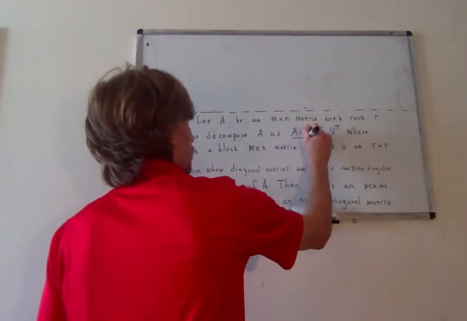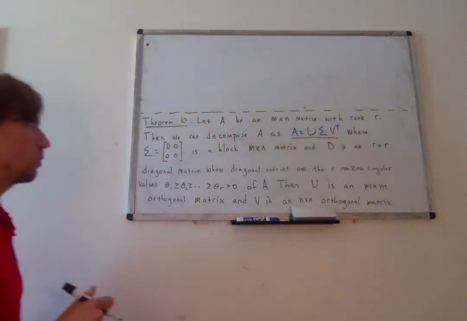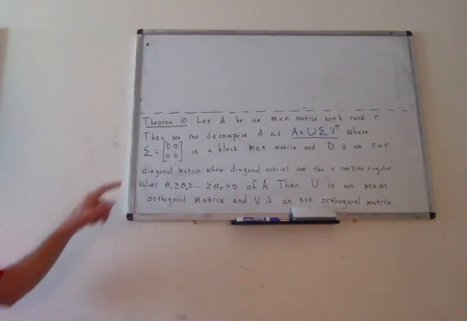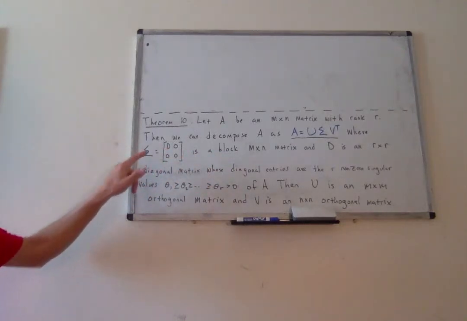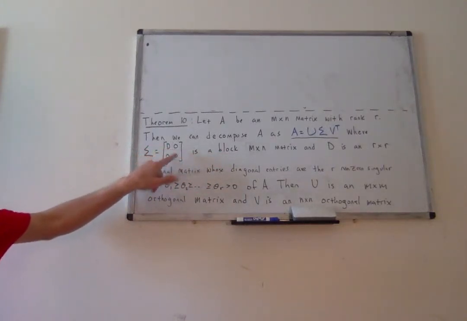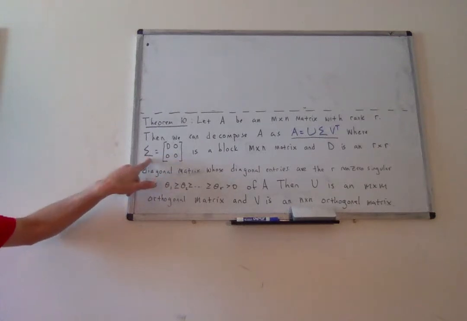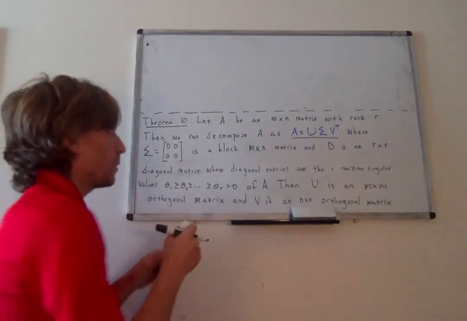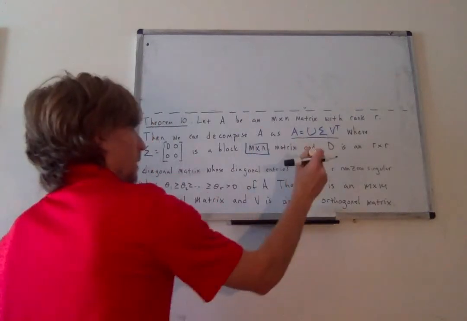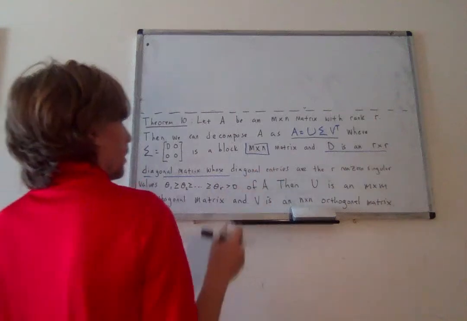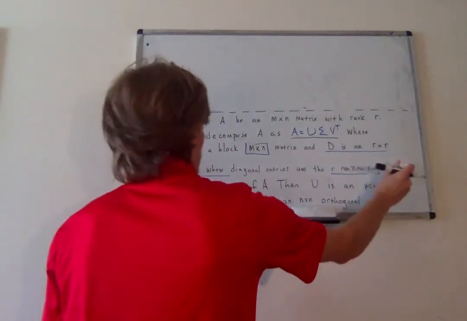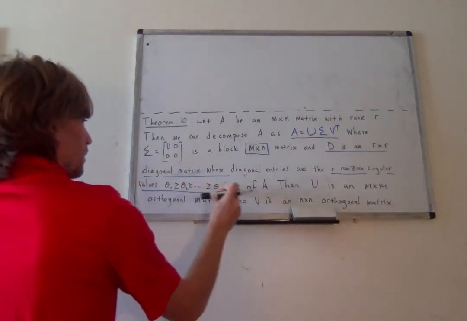A is equal to U times sigma times V transpose, where sigma is a block m by n matrix. So the way we define this is a matrix D, and these are matrices and or vectors of zeros. So basically we define sigma to be an m by n matrix, and D is an r by r diagonal matrix whose diagonal entries are the r non-zero singular values of A.